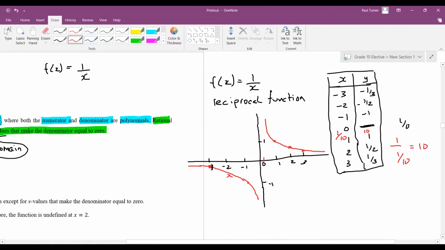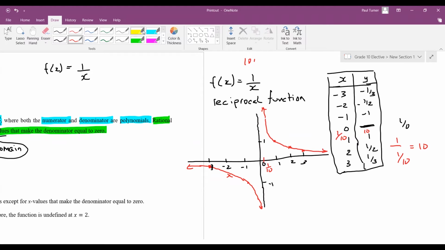So I hope that makes sense. So 1/10 here will have a y value of 10, way up here somewhere. So the graph is going this way. Okay. So that will keep going and it will get close to this black line, but it's not going to touch it because you can't have 1 on 0. So your graph will go like that.